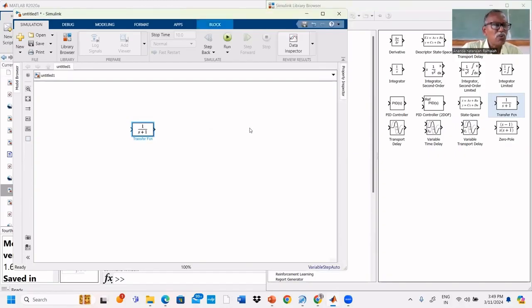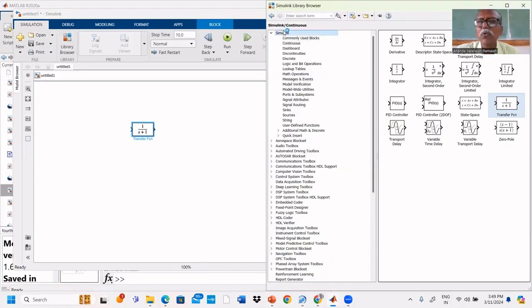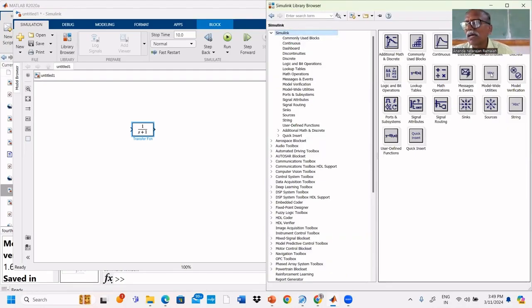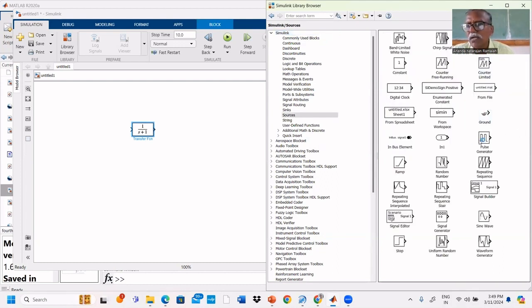Initially, you have to get the reaction curve. For that, we need a step response. So under Sources, you will get the step input. You need a step function.